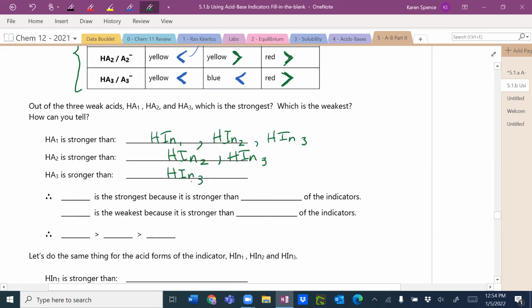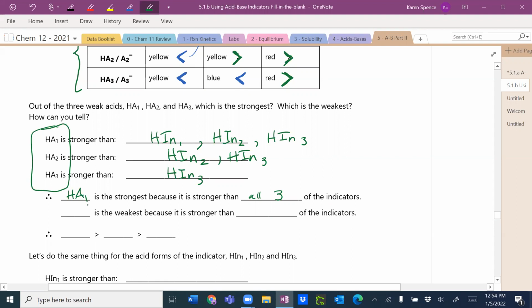So, who out of HA1, HA2, and HA3 is the strongest acid? HA1, because it's stronger than all 3 of the indicators.